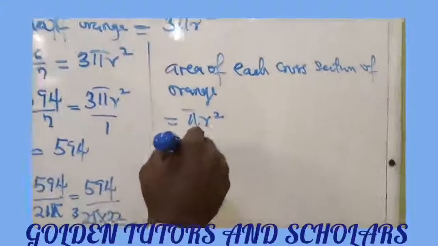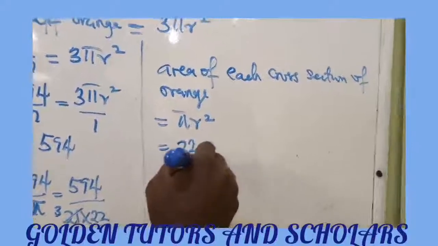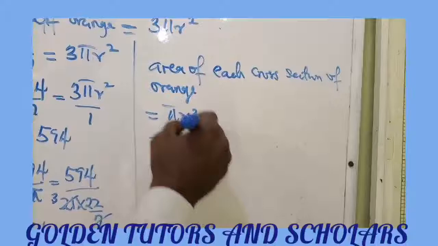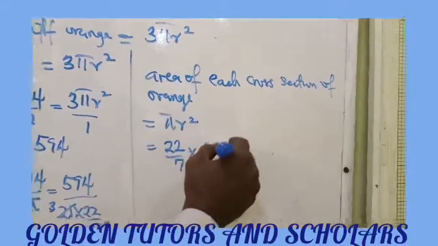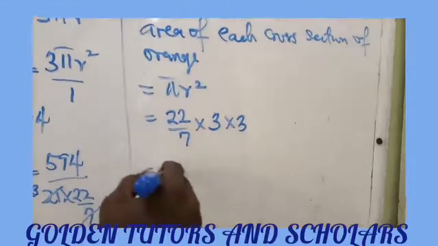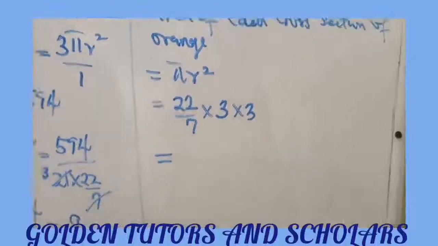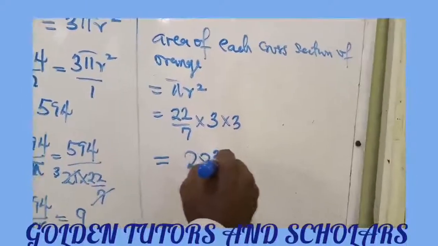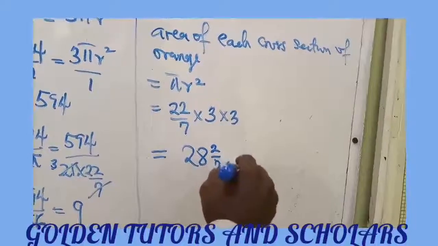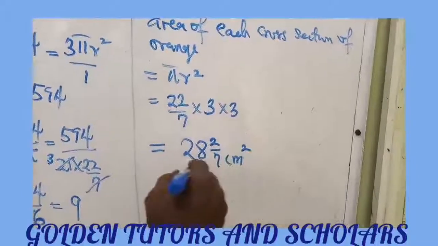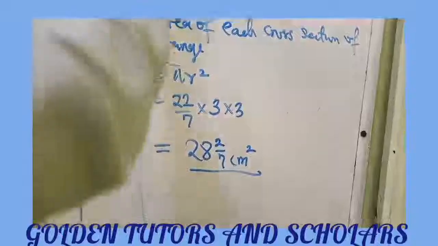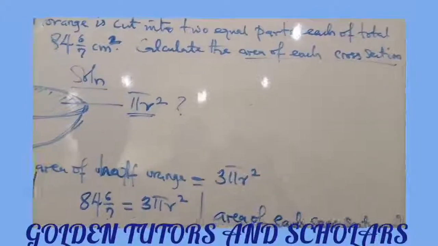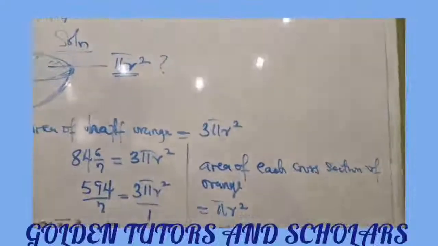And our pi is 22 over 7 times our r, which is 3. This is r squared, so it will be 3 times 3. And when you simplify this, it gives us 28 2/7 centimeters squared. This is the value of the area of each cross section as requested by the question.